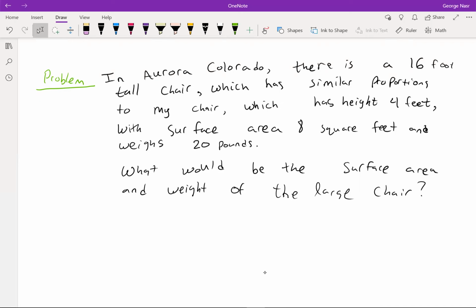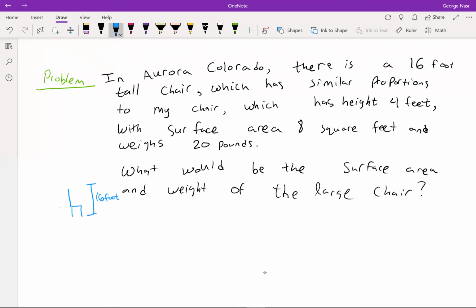Okay, so before I do this, I want to again emphasize how useful these tools are. Imagine you were next to this chair. This chair is 16 foot tall. I know we're all different heights in the class. I'm about 5'7", but let's just say I'm 5 feet instead.